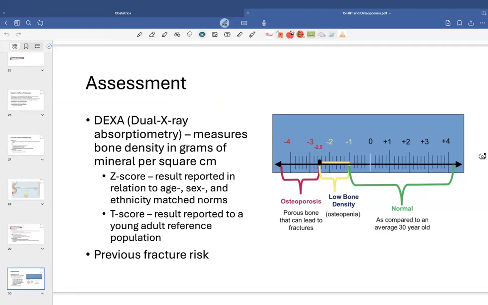They have plus 1, 2, 3, and 4, with increasing amounts relating to greater bone density and better bone health. You're in the zone of osteopenia if your T-score is between -1 and -2.5, and then osteoporosis from -2.5 downwards.